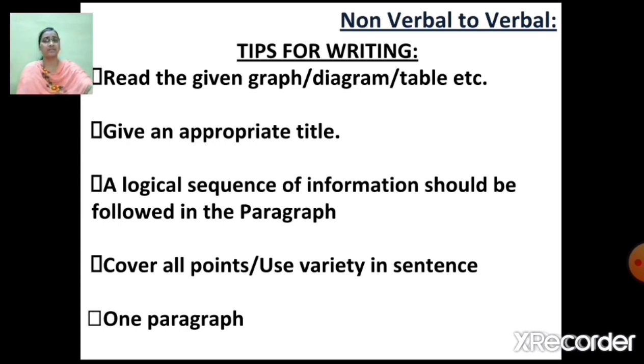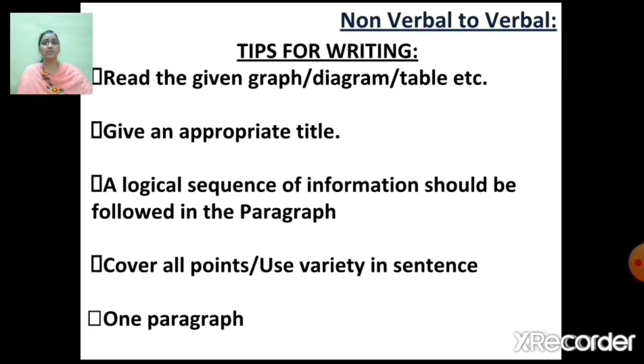Then when you start with the paragraph, the first step is to give an appropriate title. Then a logical sequence of information should be followed in the paragraph. Yes, you need to follow a chronological, proper order, right? Then the first two lines of a paragraph are called the topic sentence, as it lets us know what the diagram is all about.